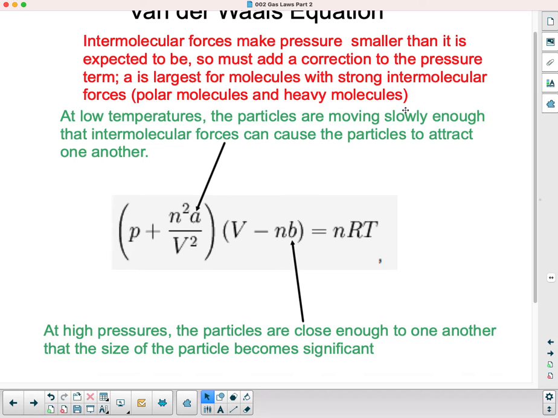The other issue is space taken up by the particles. And that's what this b value is right here. At high pressures, the particles are close enough to one another that the size of the particle becomes significant. This is essentially number of particles times the volume of an individual particle.